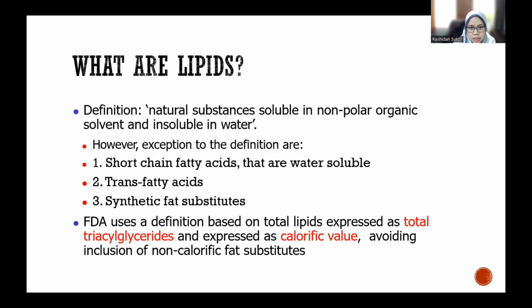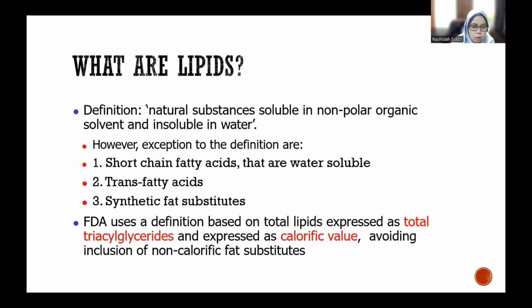When it is not soluble in water, it will be soluble in non-polar organic solvent. What does it mean by non-polar organic solvent? For example, we have hexane, which is normally used as a solvent. It is non-polar.